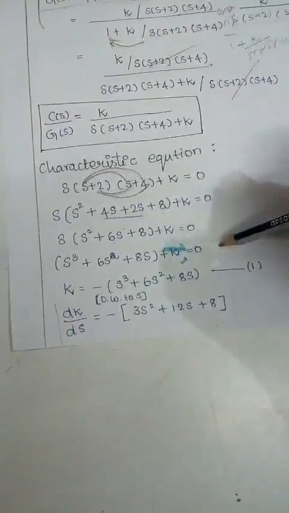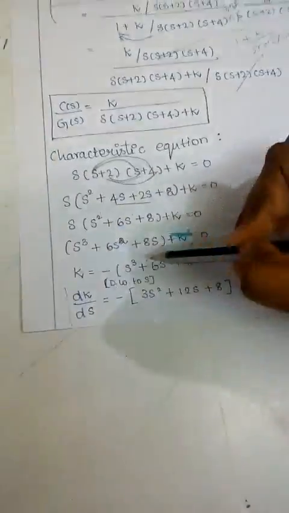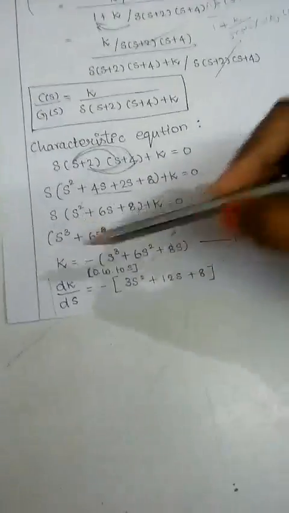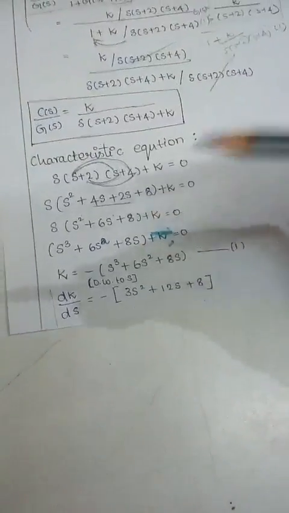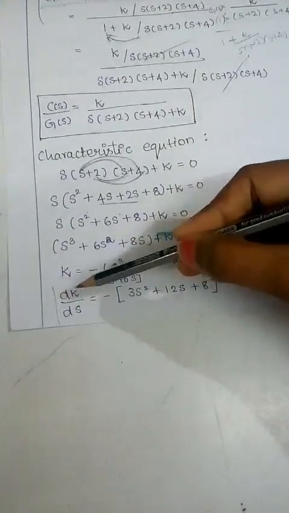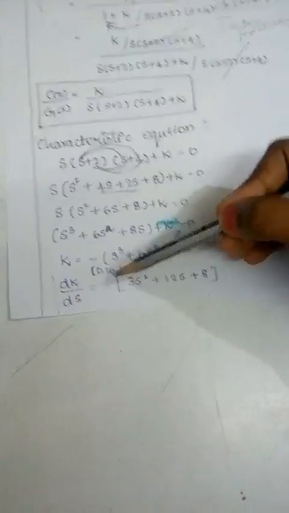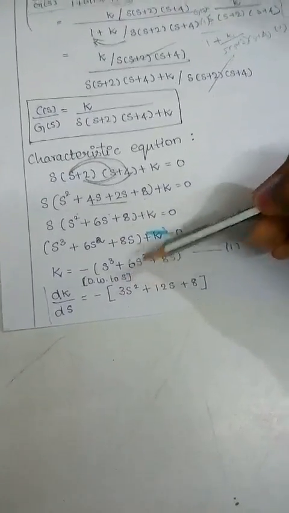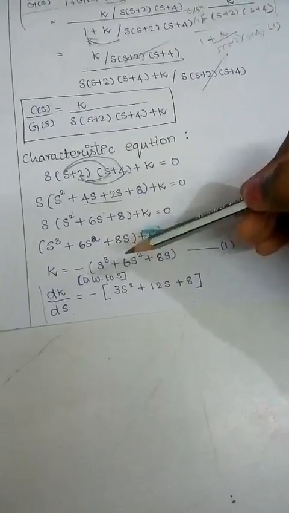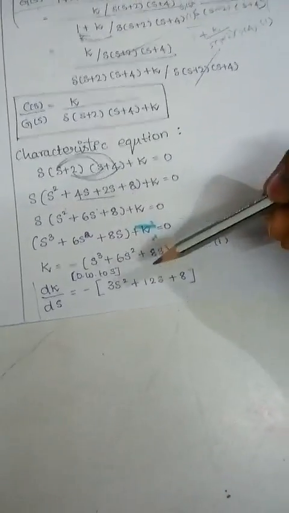Multiplying out, we get the polynomial, and K goes to the left hand side, it becomes minus. Then differentiate with s: dK by ds equal to minus (3s square plus 12s plus 8).